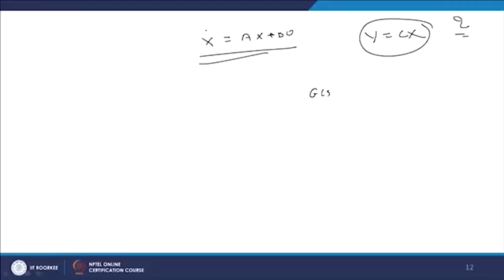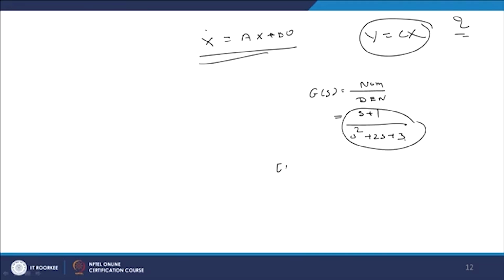It is because if you write any transfer function G(s) in terms of numerator and denominator, let us say s plus 1 over s squared plus 2s plus 3, and if you convert this in terms of AB matrices, A is 0 1 minus 3 minus 2, B matrix is 0 1 and C matrix is 1 1.